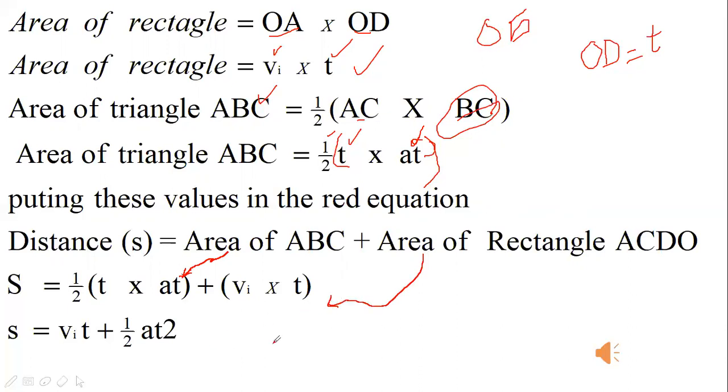So S is equal to VIT plus half AT square.